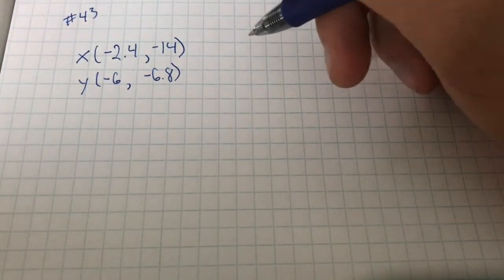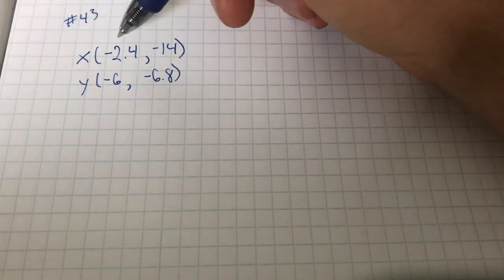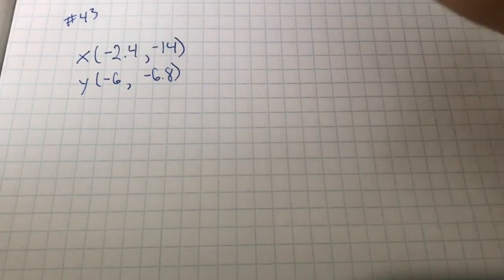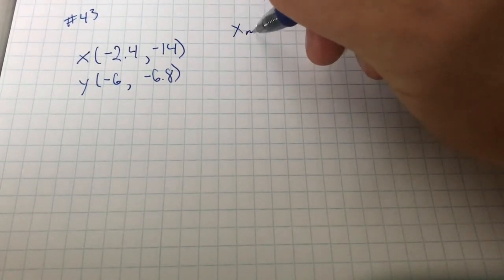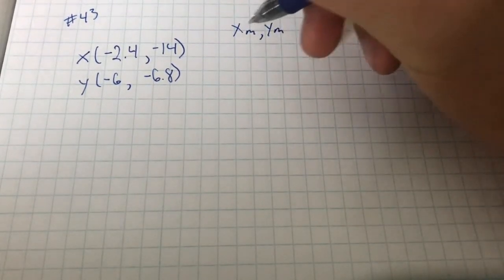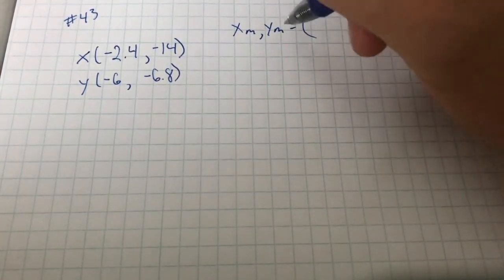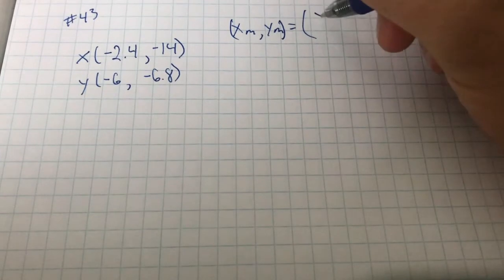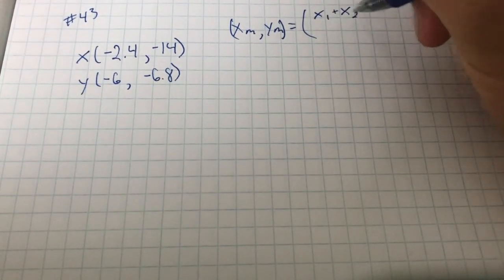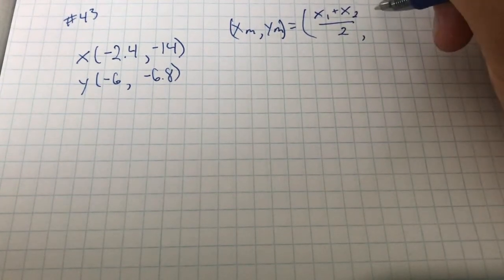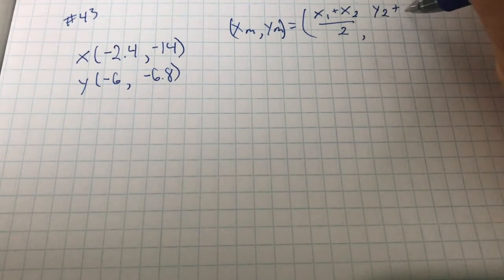And as I've told many of my classes, there's two things you want to do. I want to set up my formula: xm, ym, x for the midpoint, y for the midpoint, equals the average of x1 and x2, and the average of y1 and y2.